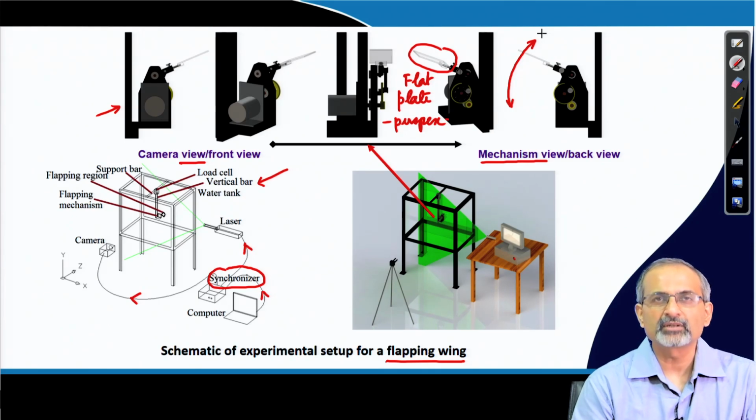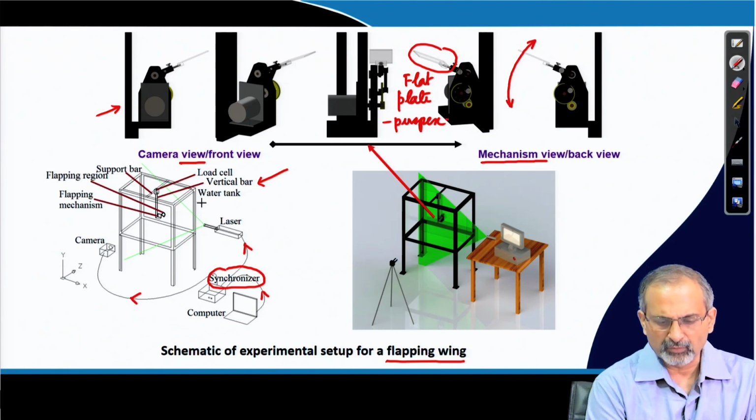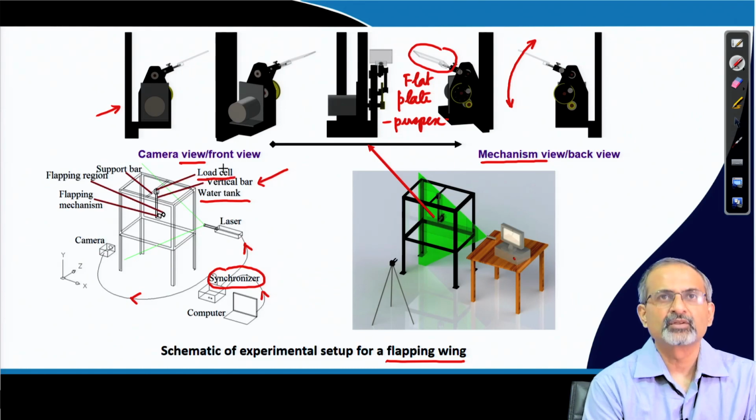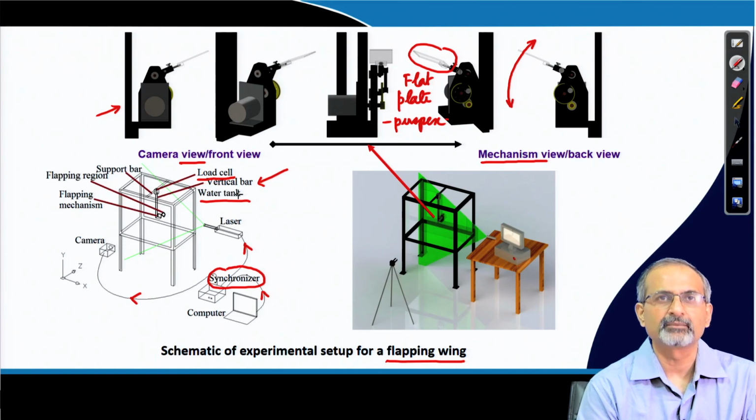It is somewhat similar to birds' wings when they flap in air. And then you have a water tank, you have load cells which are mounted in that attachment which is carrying the flapping mechanism, so that when the flapping mechanism operates, the load cells can measure the forces which are acting.